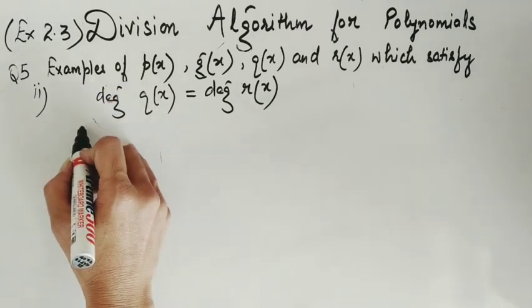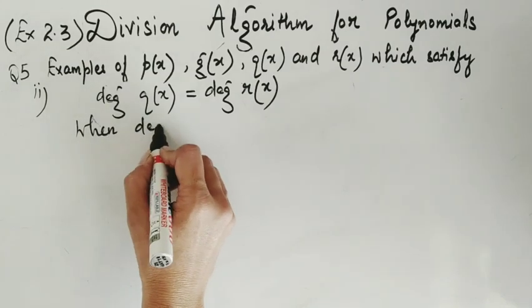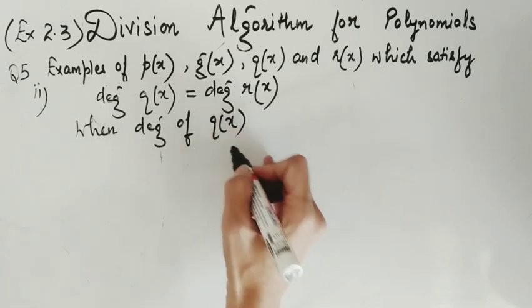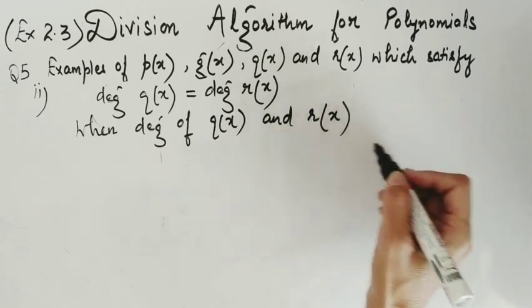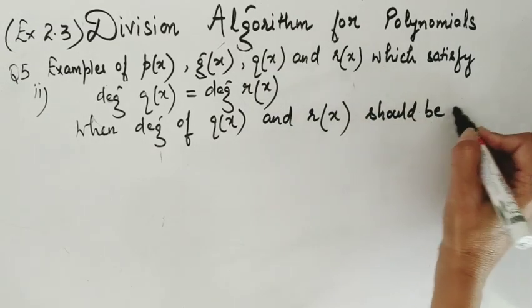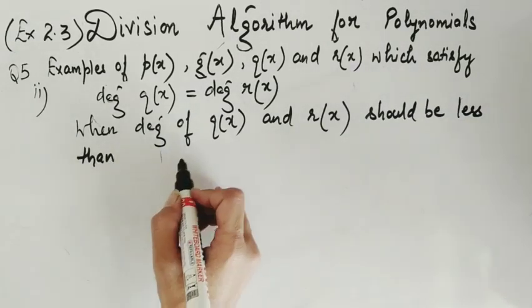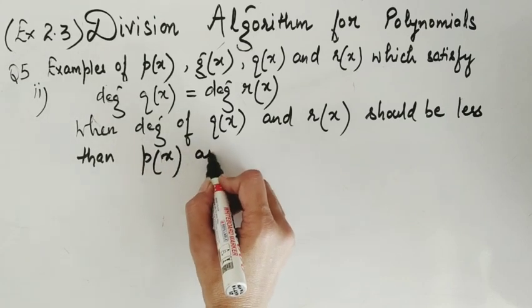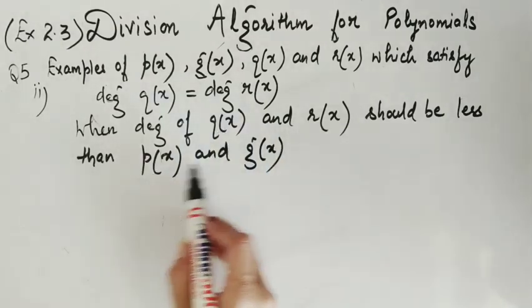So kids, this is only possible when degree of qx and rx should be less than px and gx. Their degree should be less than these two.